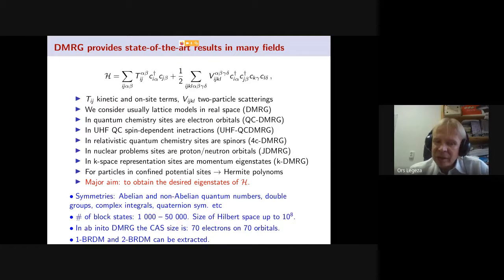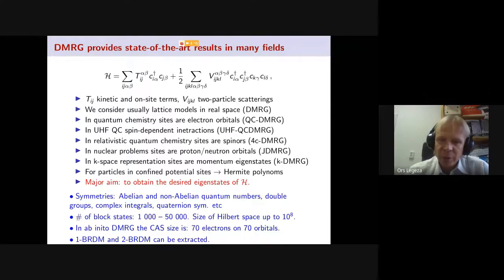And we will see the so-called number of block states, that is, when we represent these tensors in terms of matrix products or tensor products, how large the rank of these matrices is. Nowadays, it's between 1,000 and 50,000, depending on the different applications. And in chemistry, for ab initio, we usually have some 70 electrons and 70 orbitals. And we have access to the 1 and 2 body reduced density matrices.